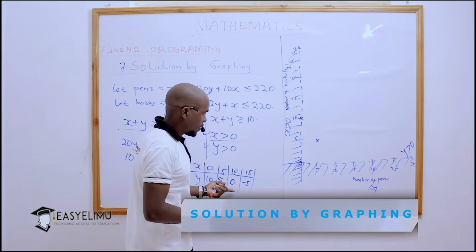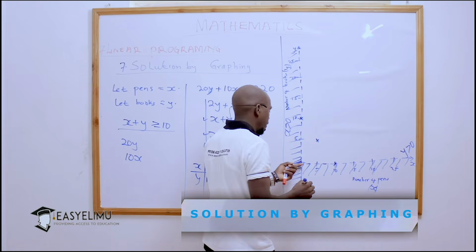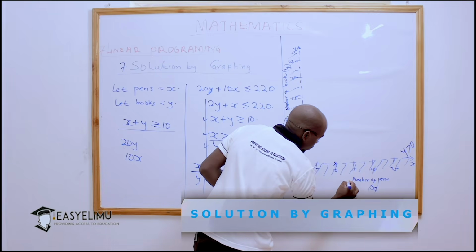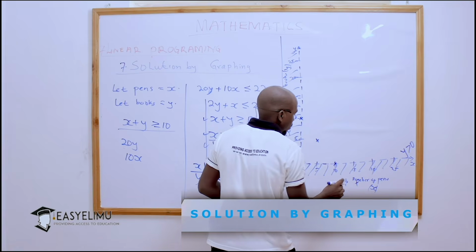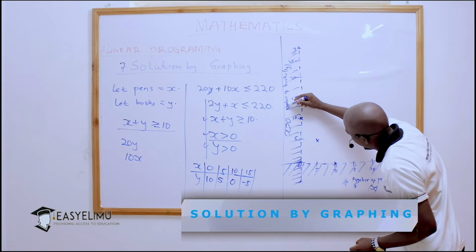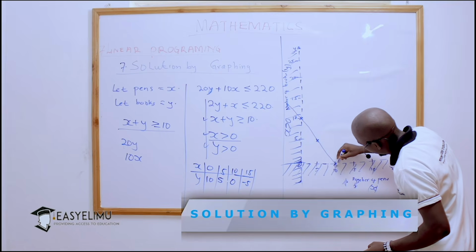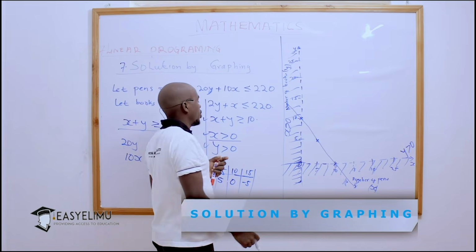And then 10, 0. If x is 10, then it will be here, at 0. And so on. If we had plotted downward, you will find it will be somewhere here. So meaning we have a straight line, a straight line passing through those points.